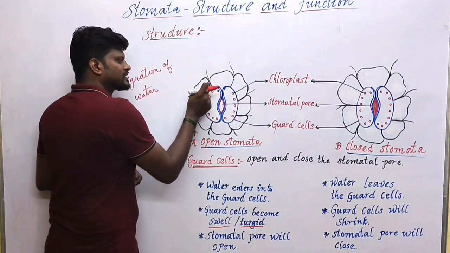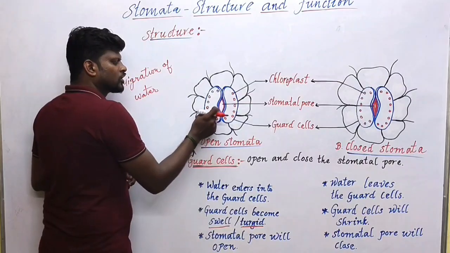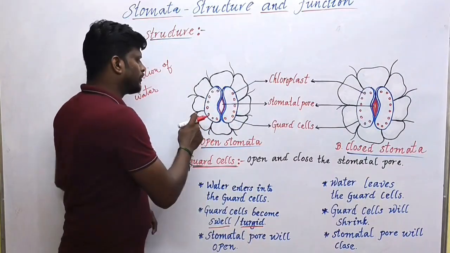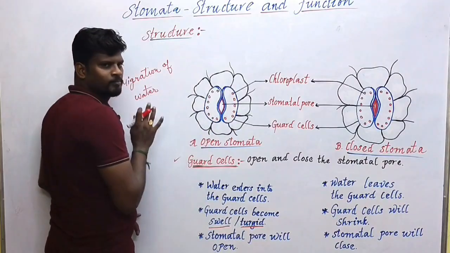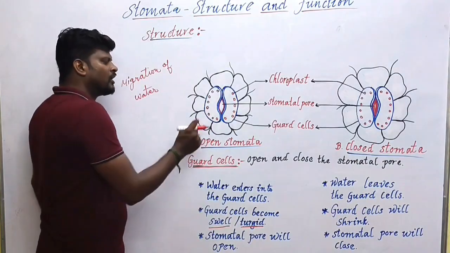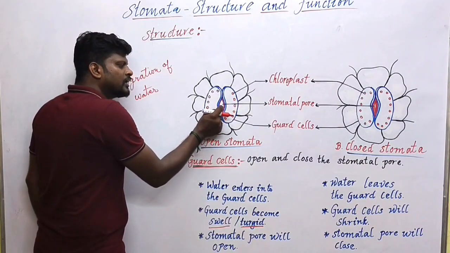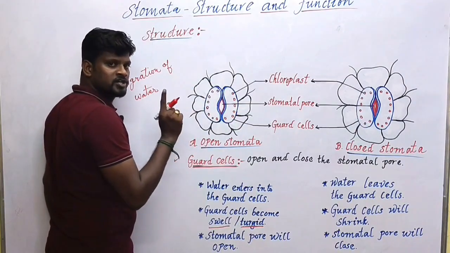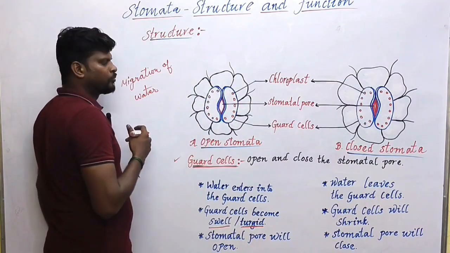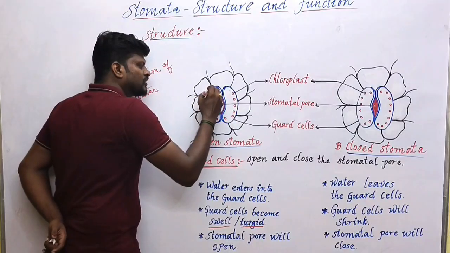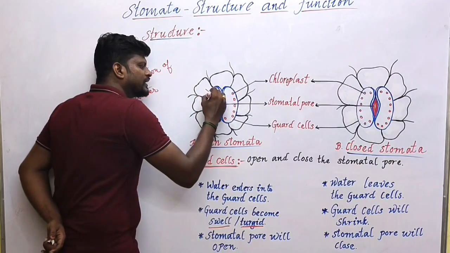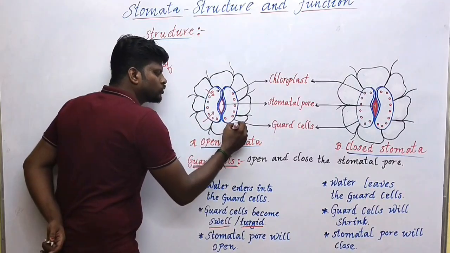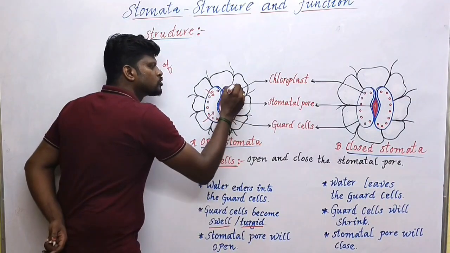Look here, the subsidiary cells and the guard cells are filled with enough amount of water and they maintain equal pressure between them, right? Whenever the guard cell needs to open the stomatal pore, during that time the water molecules will migrate from the subsidiary cells into the guard cells.